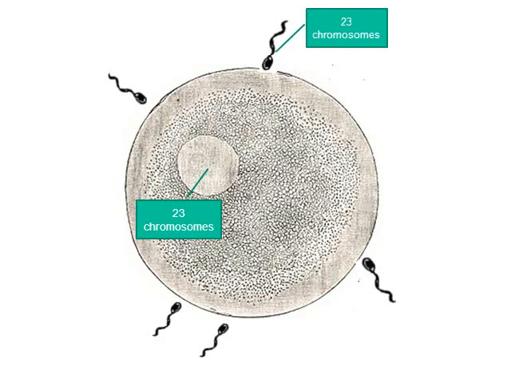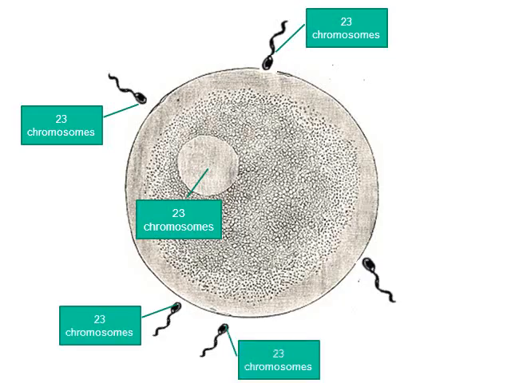There's 23 chromosomes in the nucleus of that first sperm cell on top, 23 chromosomes in that other sperm cell, 23 in that sperm, 23 in that sperm. All the sperm cells have 23 chromosomes. But only one sperm cell is actually going to fertilize that female egg cell. So watch our animation.